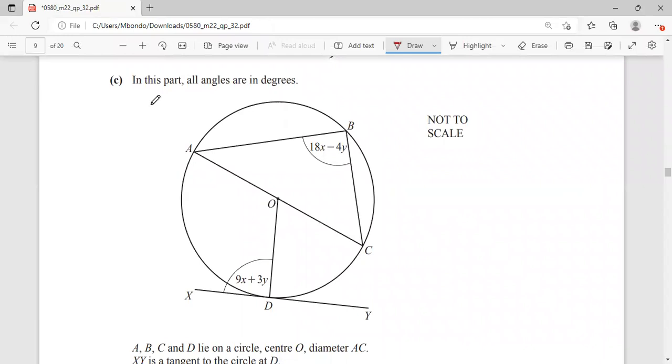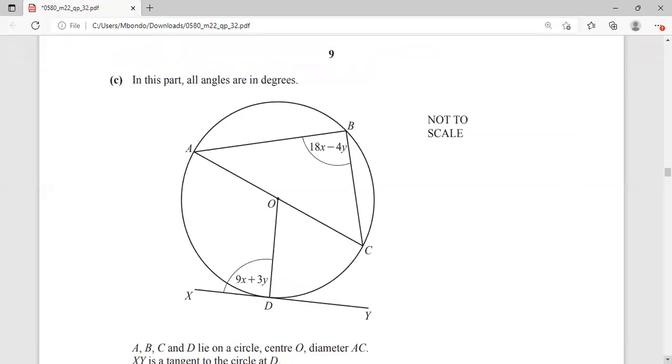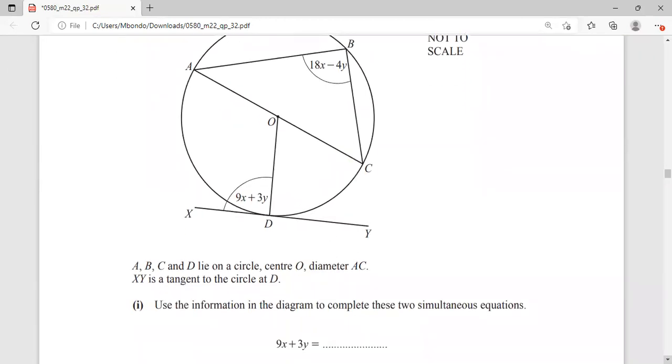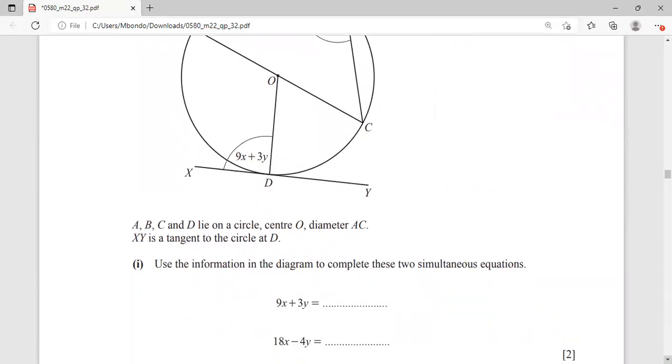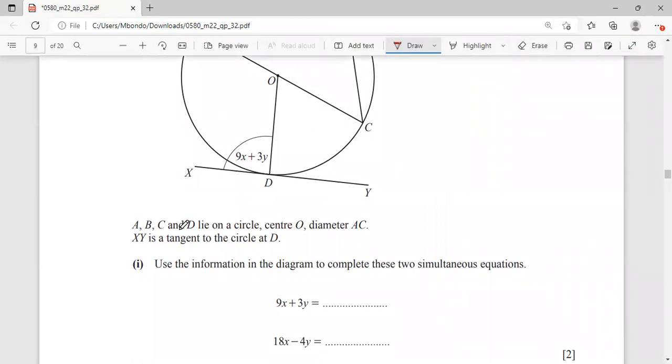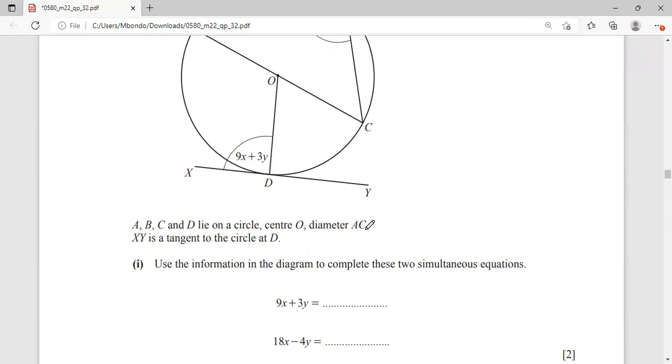All right. In this part, all angles are in degrees. So A, B, C, and D lie on a circle, center O, diameter AC.